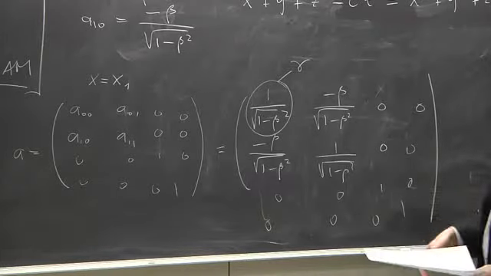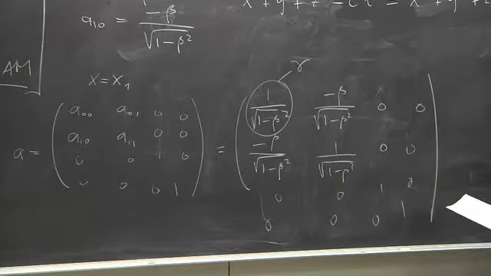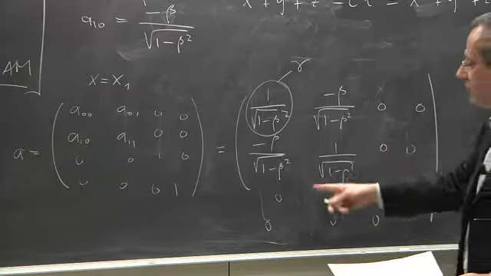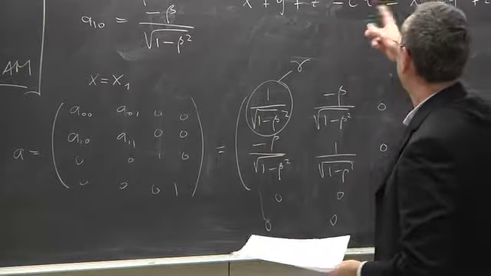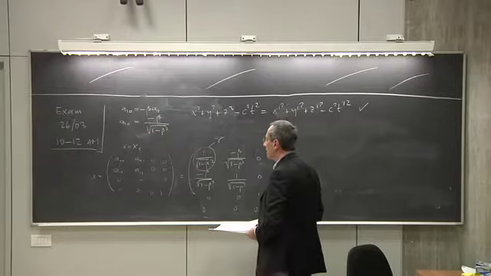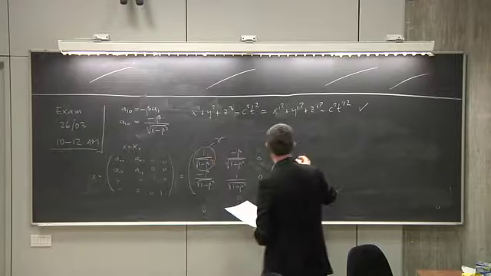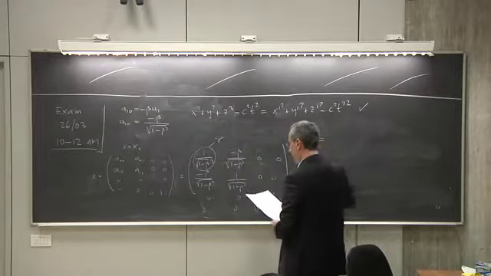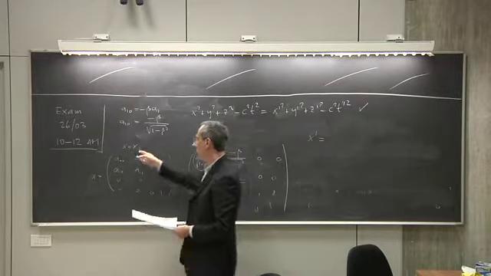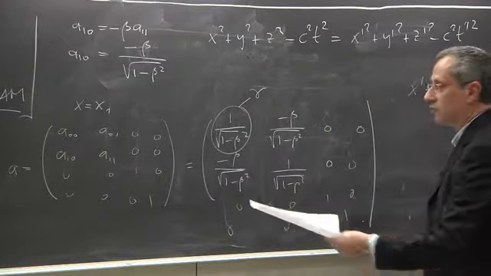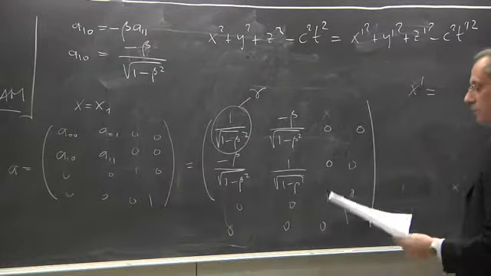So now you see you can write individual components, because now this is the generic transformation that leaves this expression invariant. And I can write, for instance, what is x prime in terms of this transformation, because you read it off from the transformation matrix.